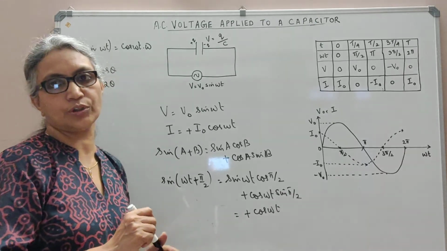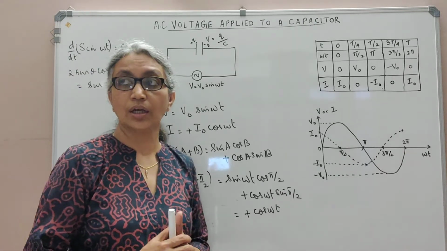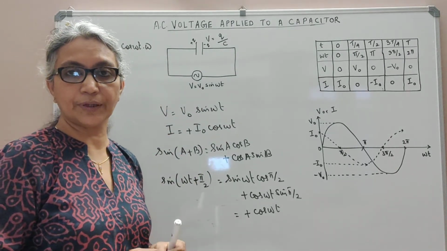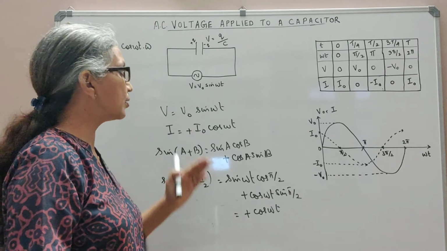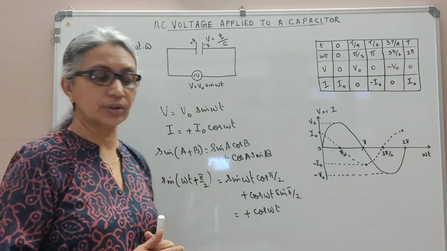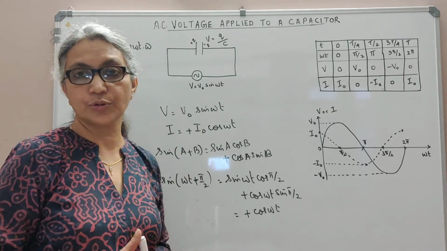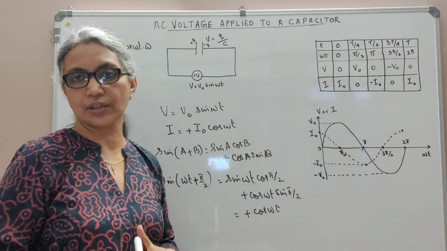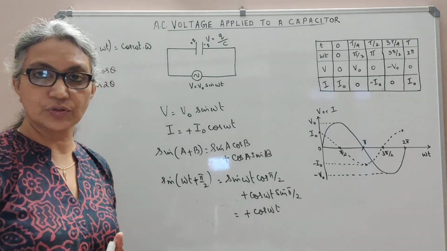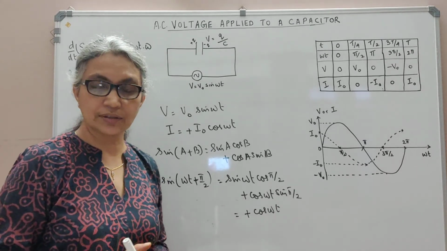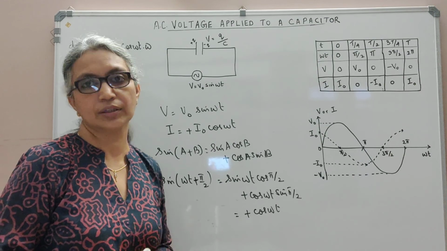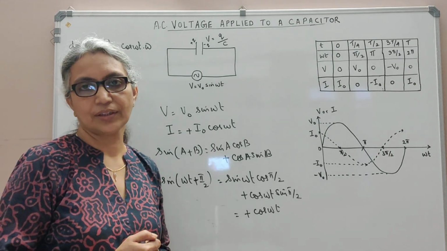Using these identities, we showed that in an inductor circuit, current is lagging behind voltage by an angle pi by 2. But in a capacitor circuit, the current is ahead of voltage by an angle pi by 2. The phasor diagrams and the graphical representations are very important. Also please remember, XC is capacitive reactance, which is what limits current in a capacitor only circuit. Thank you.